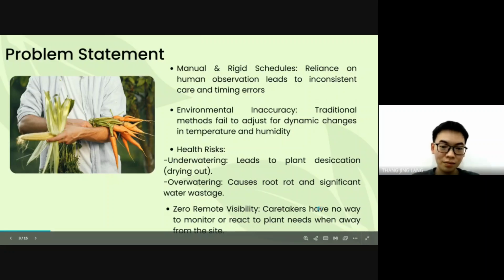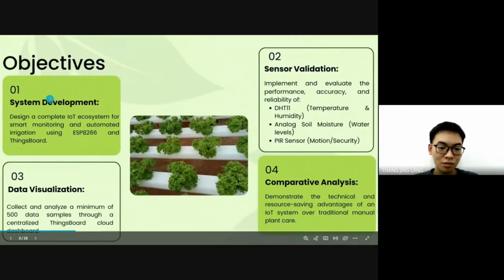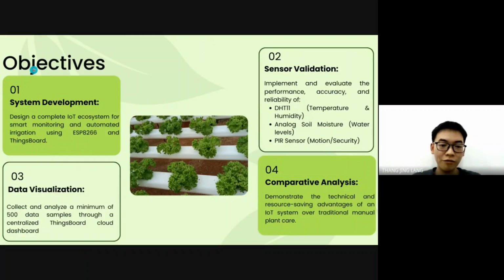Next. So we have four objectives. The first one is system development: design a complete IoT ecosystem for smart monitoring and automated irrigation using ESP8266 and ThingSpeak.